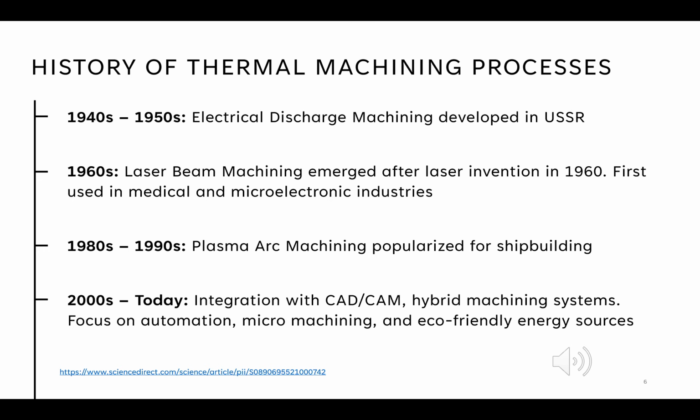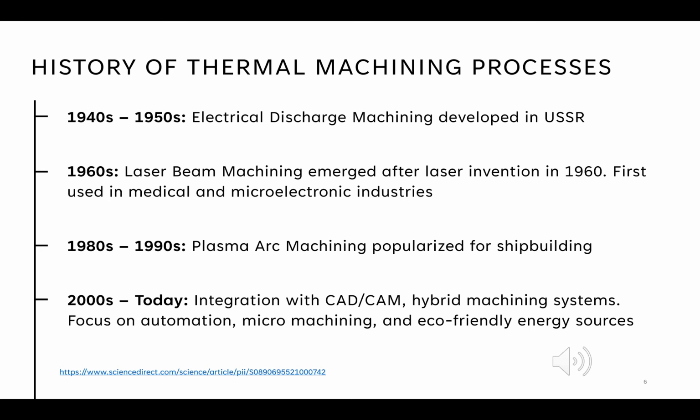Thermal machining methods have been around for almost a century and have advanced dramatically over time. The earliest form, EDM, was developed in the 1940s by Soviet scientists to shape hard materials using spark erosion. The invention of the laser in 1960 opened the door for laser machining, initially in microelectronics and medicine. By the 1970s, electron beams were being used in high-precision aerospace components.